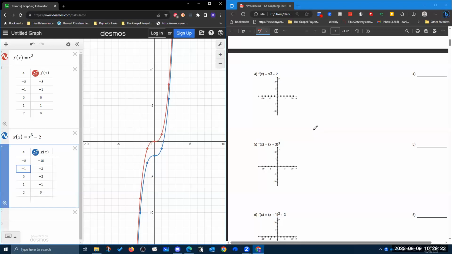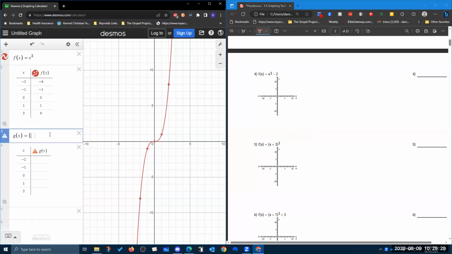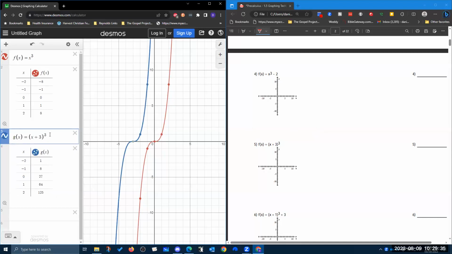Let's look now at number 5. And it's (x plus 3) quantity cubed. So you can already see what's happening here without me shifting the points here, but I would want to make this a -5, -4, -3, -2, and -1.